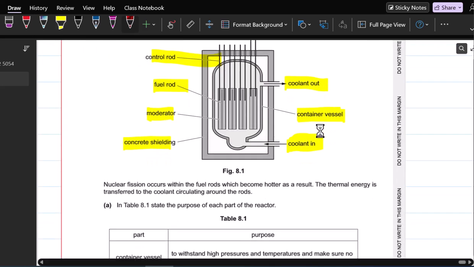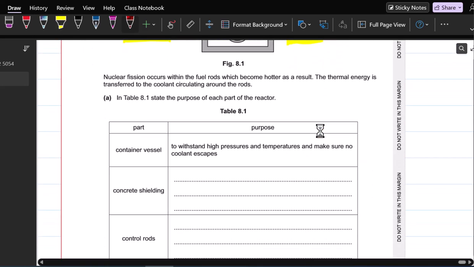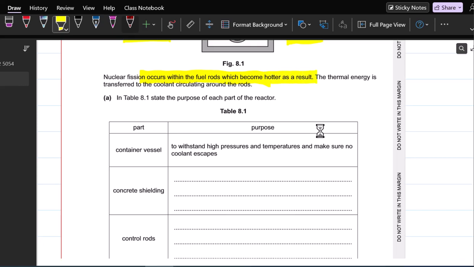Nuclear fusion occurs within the fuel rods which become hotter as a result. The thermal energy is transferred to the coolant circulating around the rod. So whenever the reaction occurs, energy is going to be there. So in table 8.1 state the purpose of each part of the reactor.